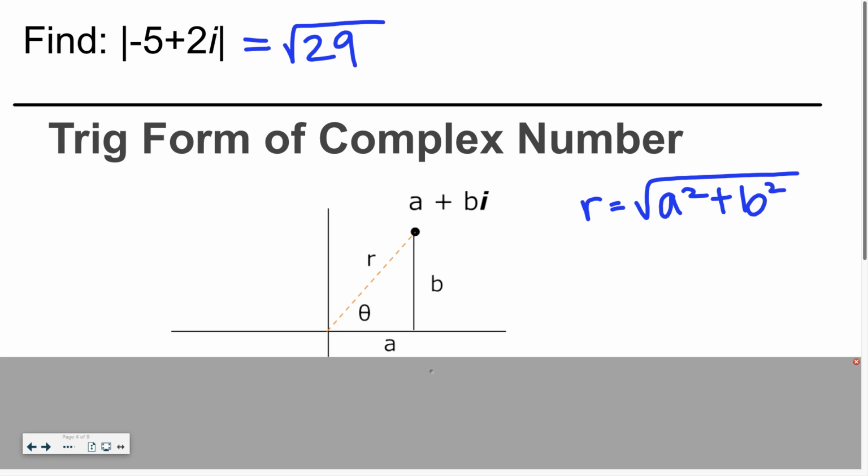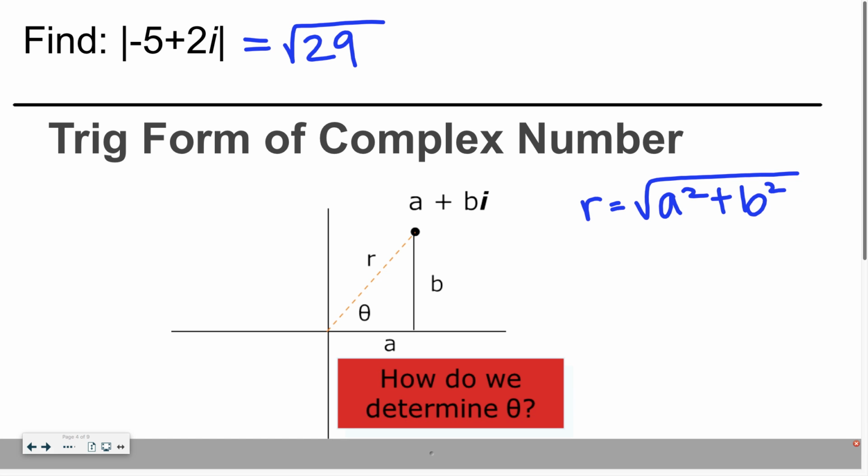Now, what about this theta right here? If we had a plus bi, how would we determine theta? We would take the inverse tangent of b over a because we know that the tangent of that angle is the ratio b to a.